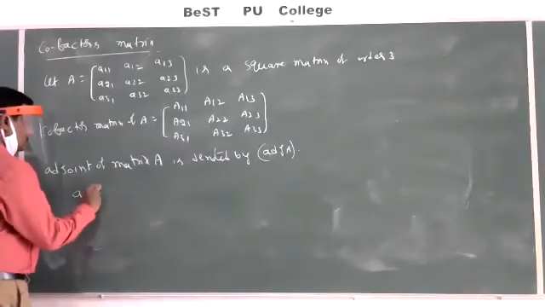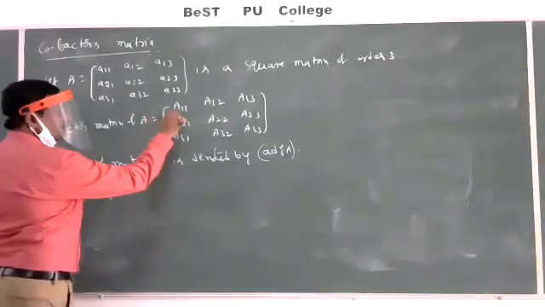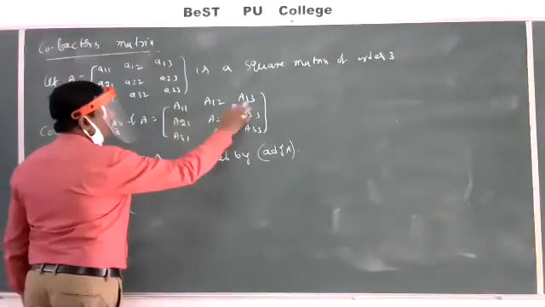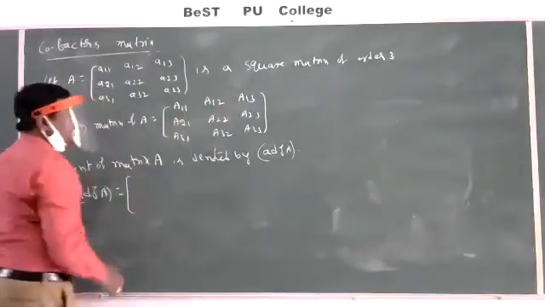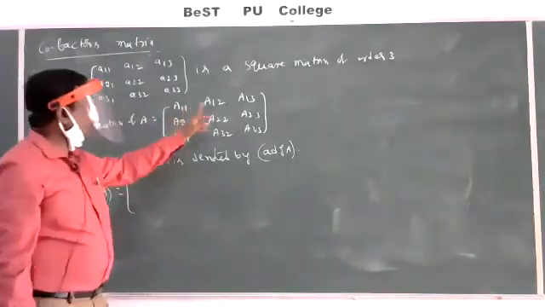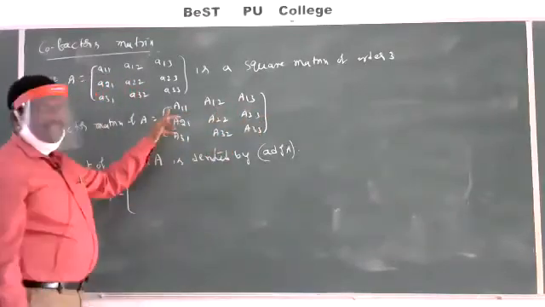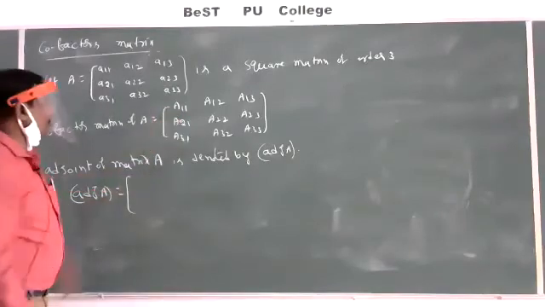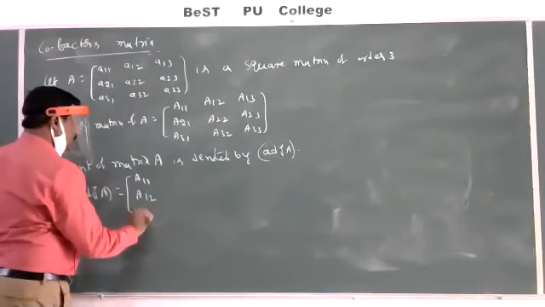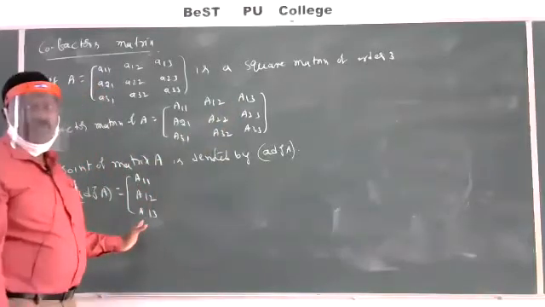We have already learned the transpose of a matrix in matrices. You have to write the first row elements, A11, A12, A13, in the first column.